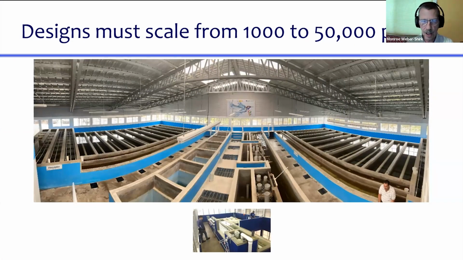Okay, so there was this issue of multiple kinds of parts, additive manufacturing versus generic parts that you can buy in a hardware store. And then this other challenge of, we have to be able to scale from 1,000 people to 50,000 people. And the truth is, we'd like to scale from 100 people to 1,000 people, but we don't yet have a technology that works at that smaller scale. But even in the scale where we are working, this requires some very clever engineering, because we're going from the small photo in the bottom, which is a plant of 6 liters per second.